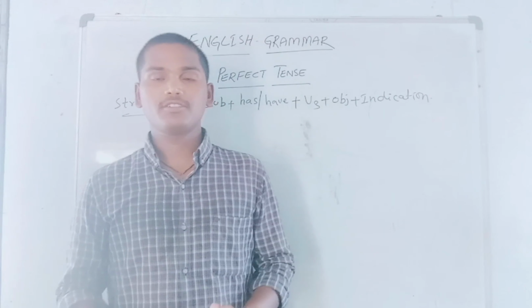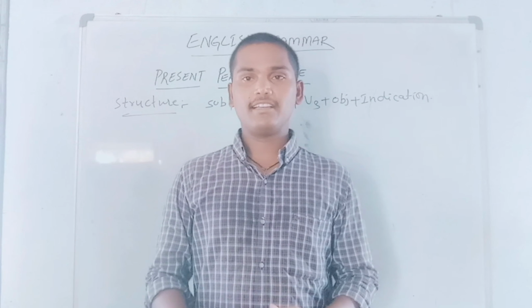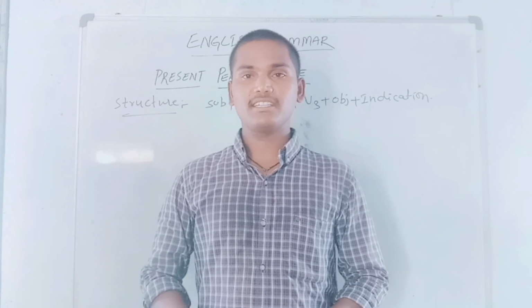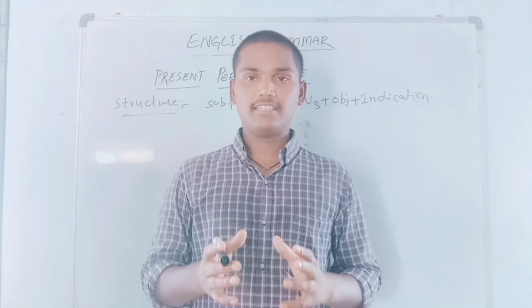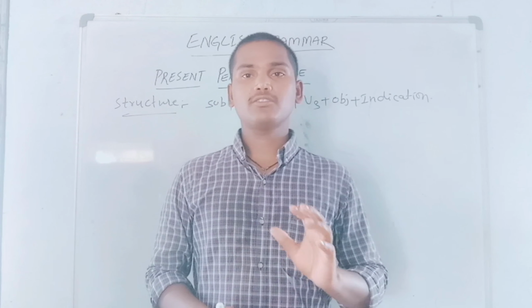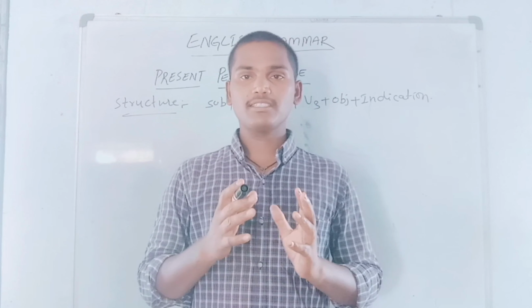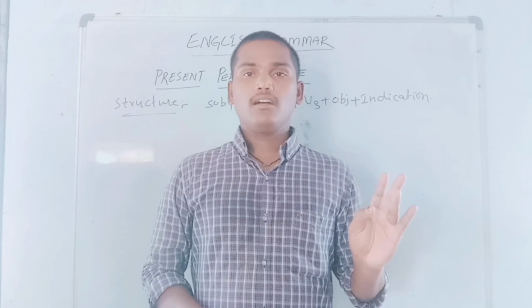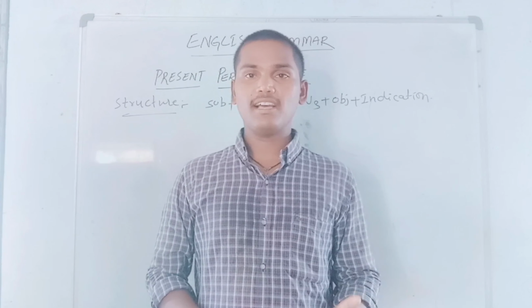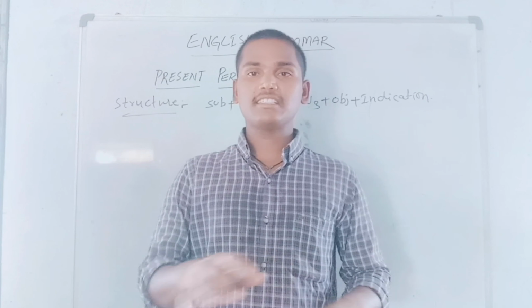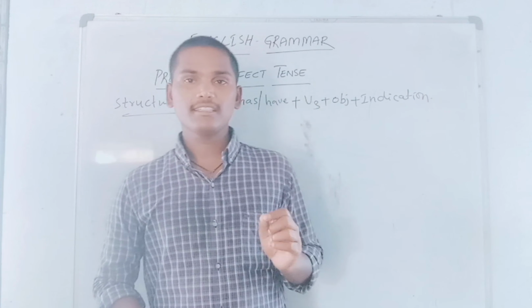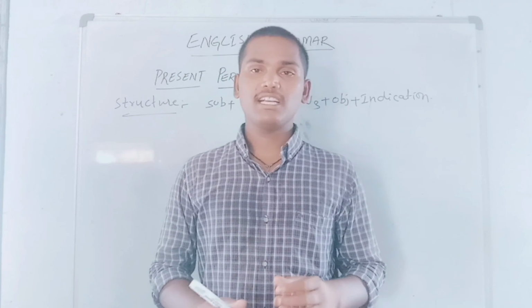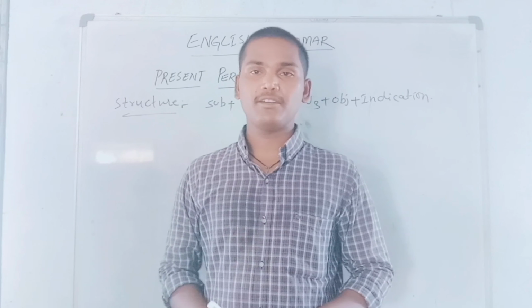Before discussing the example, let us recollect simple present and present continuous tense. In the simple present tense, we express actions which are true and universal facts, habits, as well as regular actions. These three kinds of situations we express in the simple present tense. In the same way, in the present continuous tense we express an action which is happening right now.